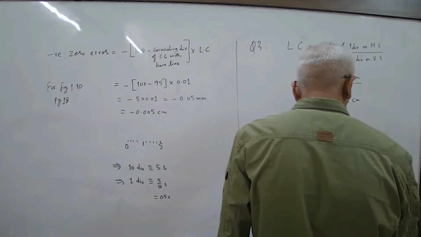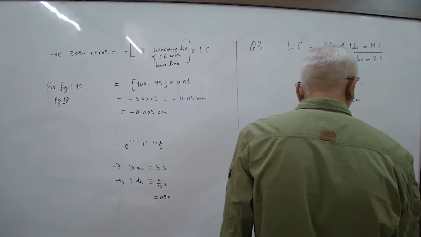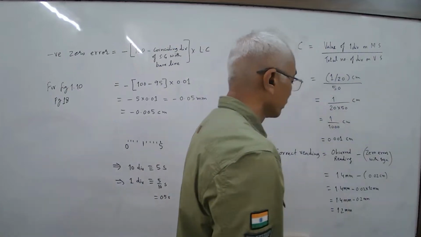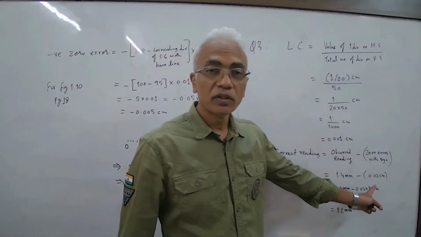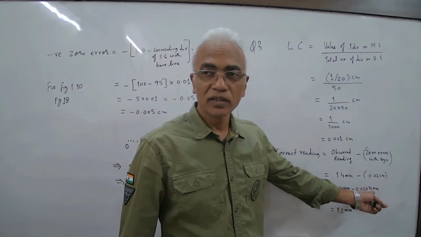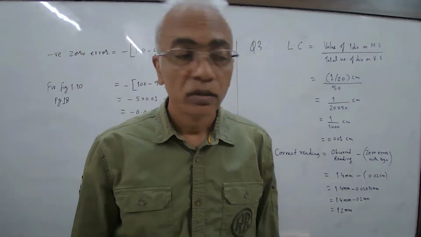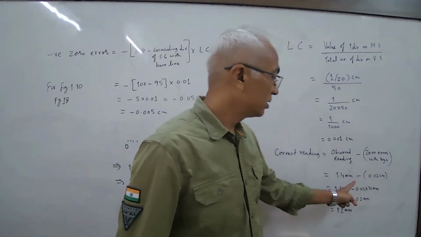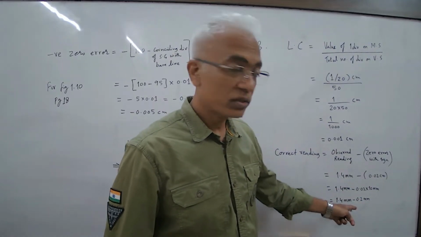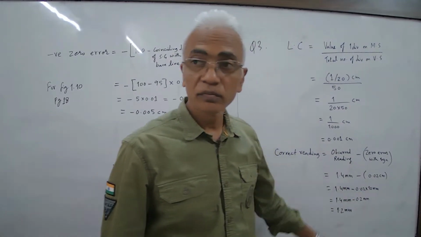How much is this? 1.2 millimeter. When the sign is plus, we need not write the sign. If one is in centimeter and the other in millimeter, you can't do the calculation. You have to make the units the same.